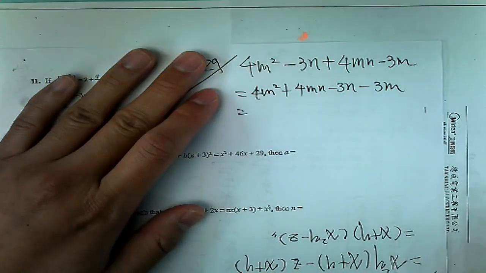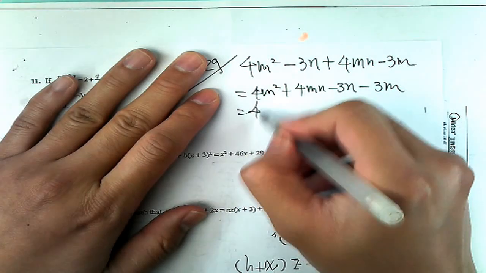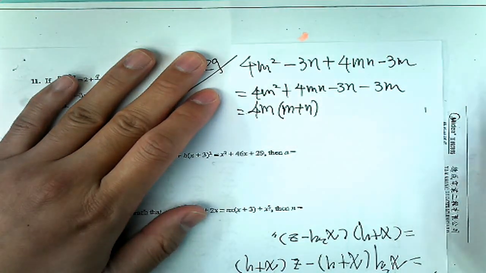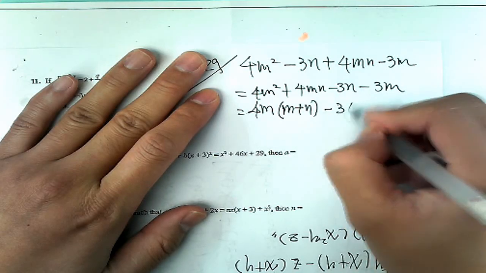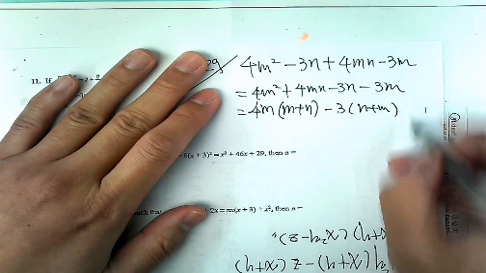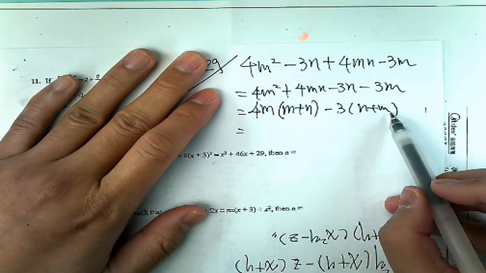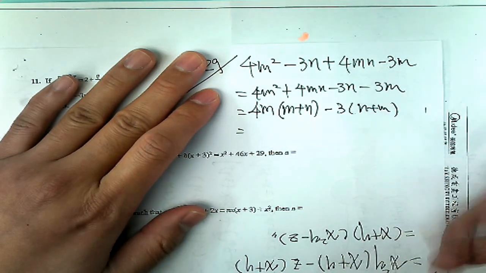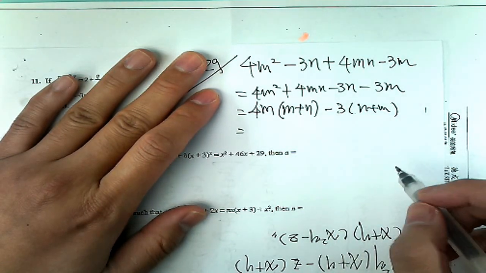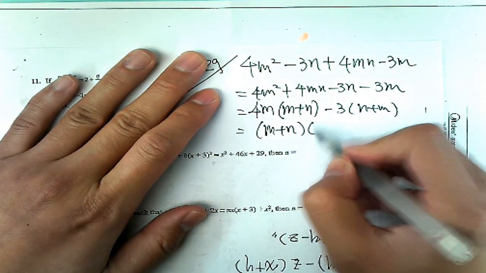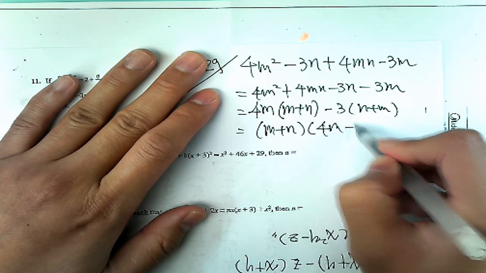It's okay? So for the next two terms, you can pull out the minus 3, n plus m, okay? So do you have to pull out any minus? No, because n plus m is just m plus n. Addition, you can change order, understand? So next, you can pull out m minus n times 4m minus 3.